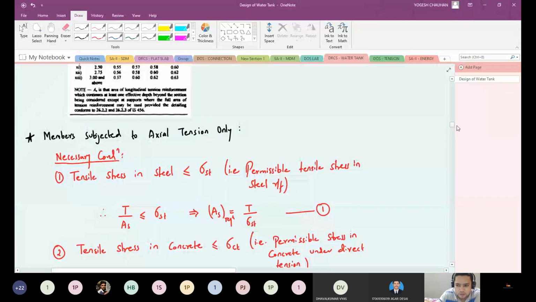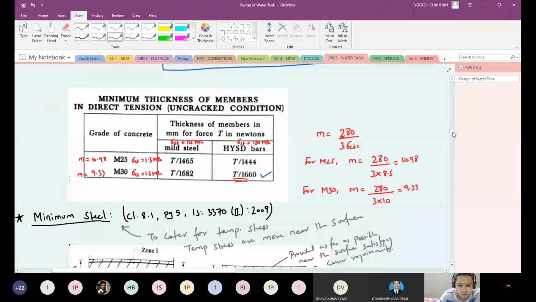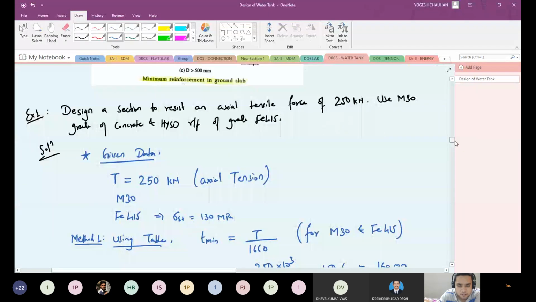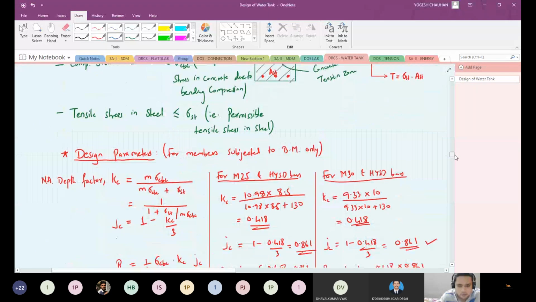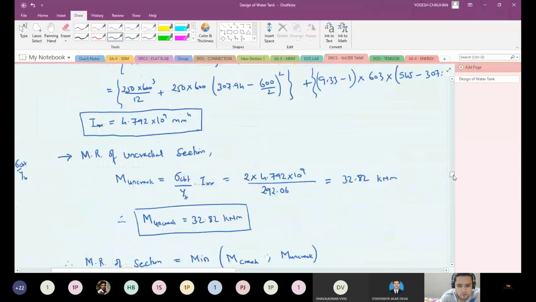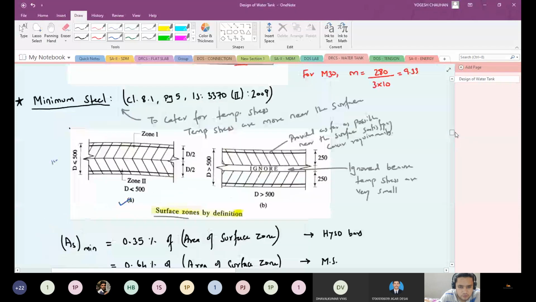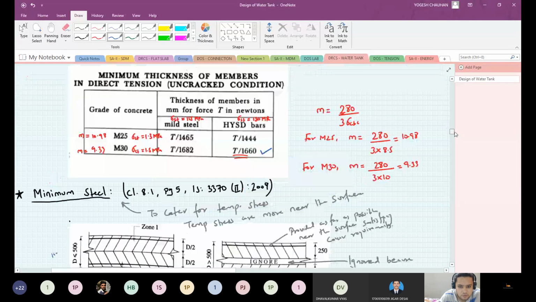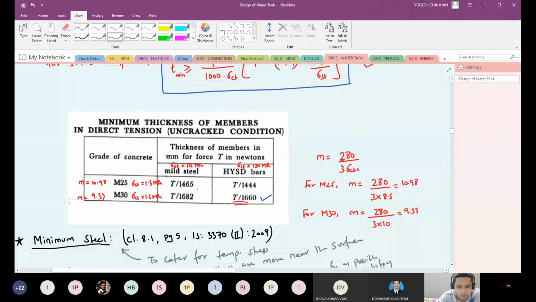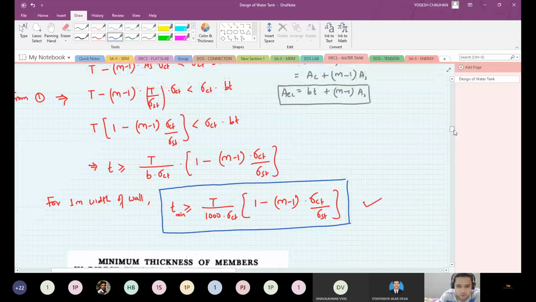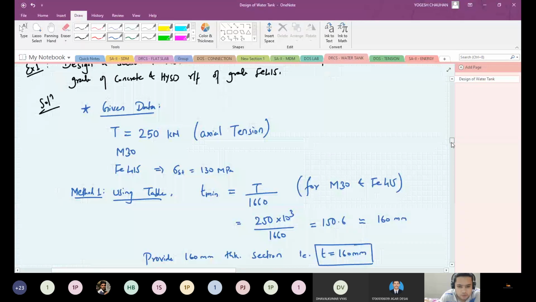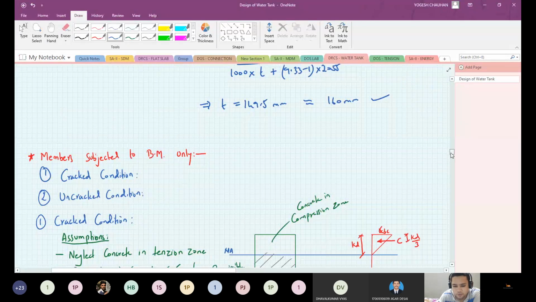Okay, and in this topic we have seen, for preliminary dimensioning, you can assume a thickness either using this table or based on some empirical equation.